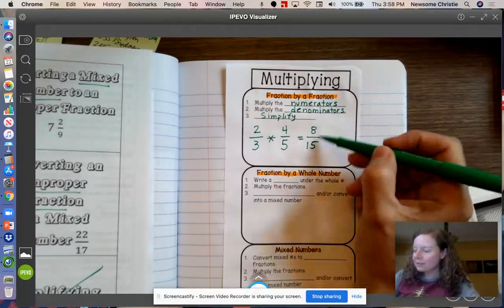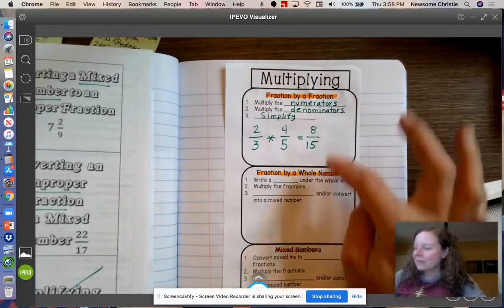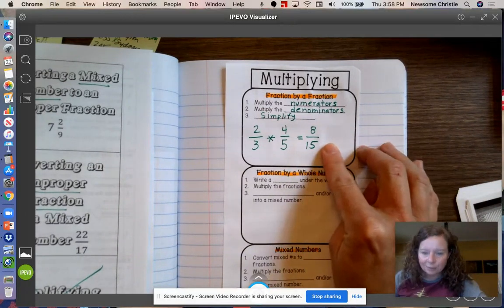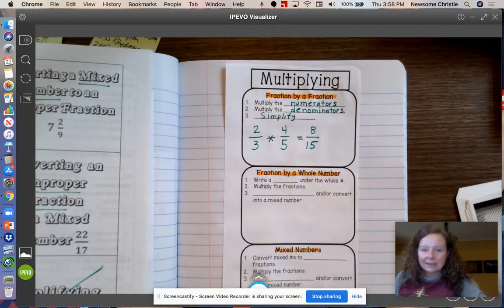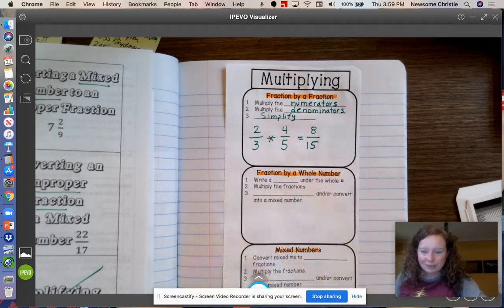So if you start to think about how 8 and 15, if there's anything you could divide by, there really isn't. And you can even test this out on your calculator, the way I showed you yesterday to simplify on your calculator. And 8/15 is already a simplified fraction. It does not get any simpler than that. So 8/15 is our answer. Do you see how simple that is? We multiply the tops, we multiply the bottoms, and boom, we have our answer.